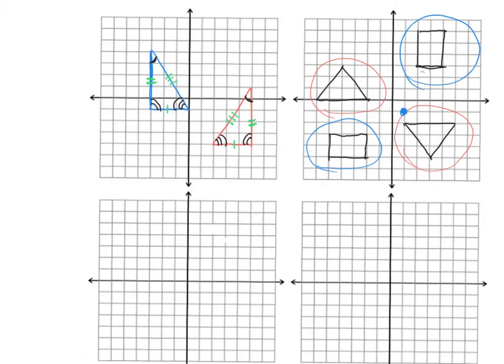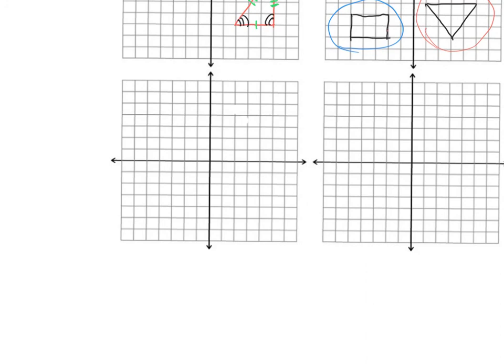Let's do another example here with some more triangles. Let's say I had a triangle, using this just because it makes my work a little bit more accurate. Here and here and here.